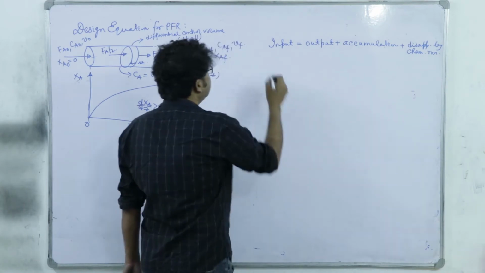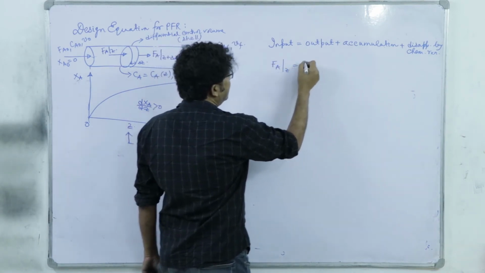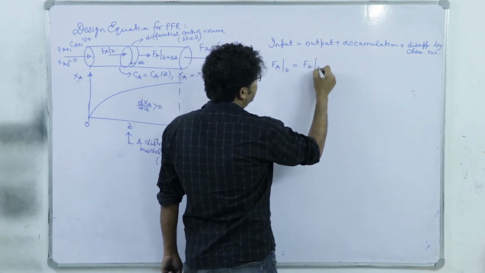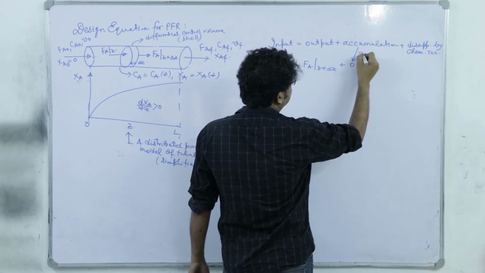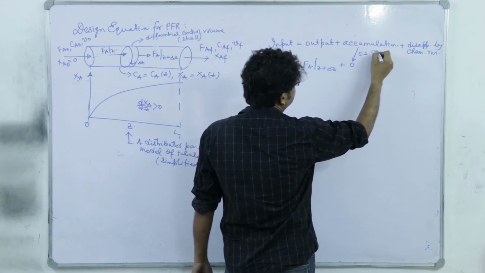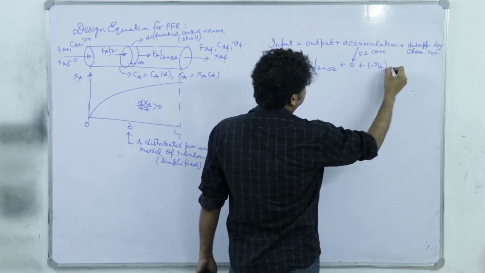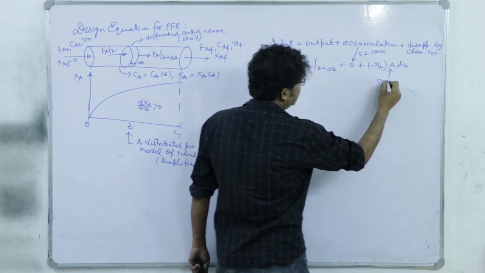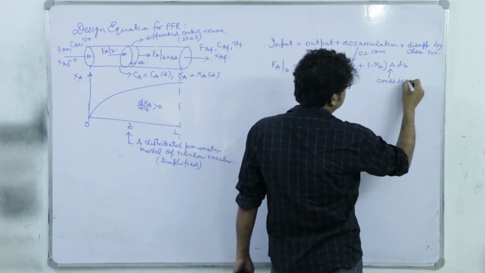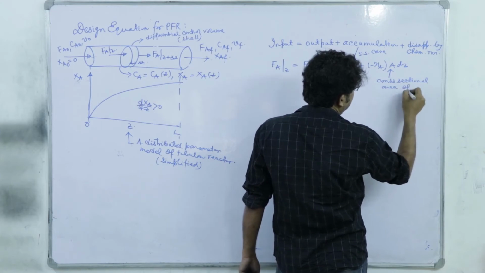Input to this differential shell is Fa at Z, output is Fa at Z plus delta Z, accumulation is 0 because it is a steady state case, plus minus Ra into A into dz, where A is the cross sectional area of the reactor.